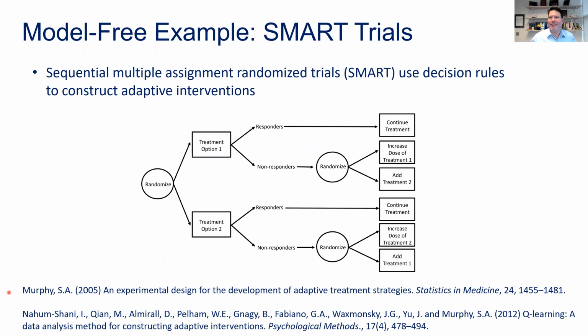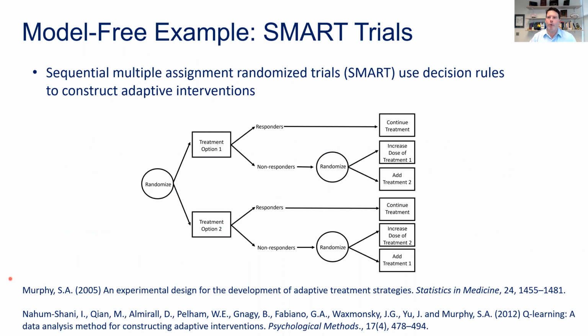Yeah, watching time here, I'll just put in a quick plug for the model-free approaches that are out there. This is very exciting stuff. If you haven't heard of SMART trials, and if you're interested in reinforcement learning, for example, I really recommend looking into these.